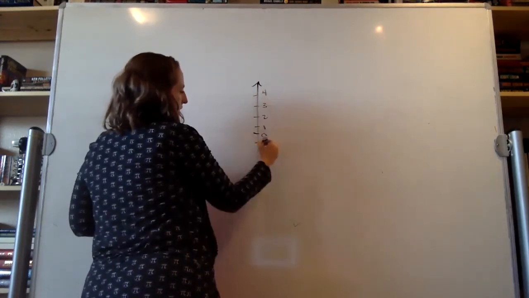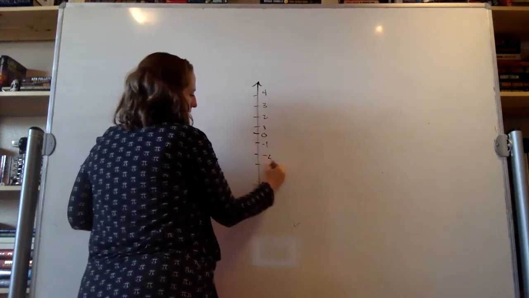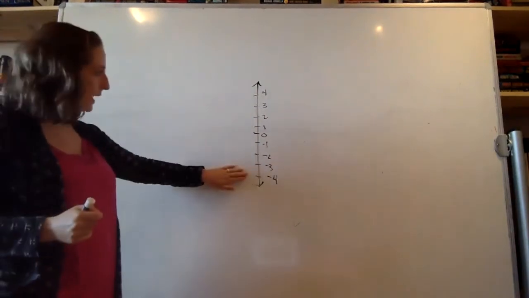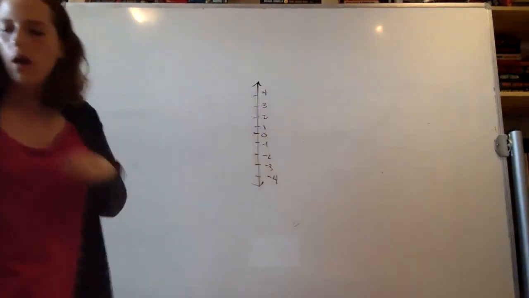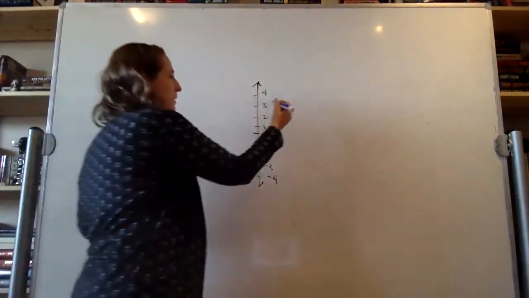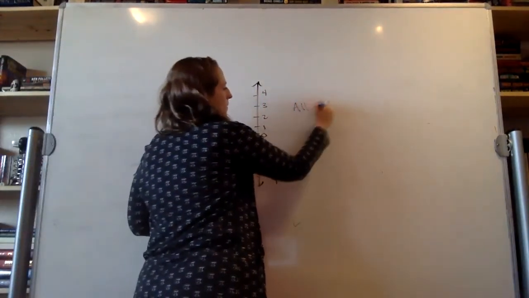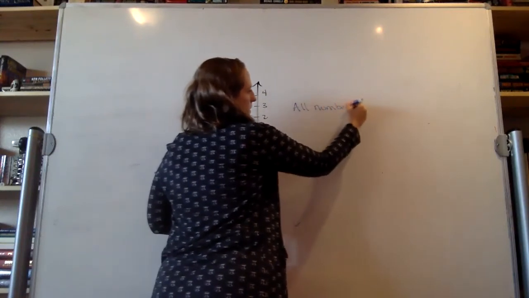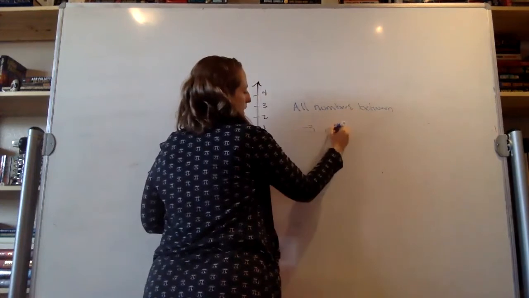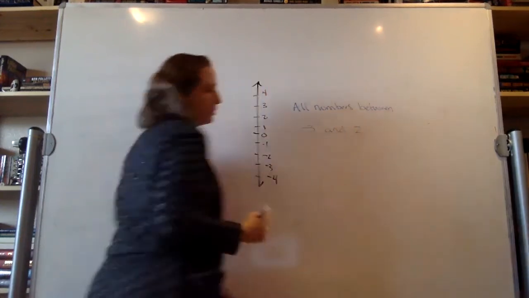Okay, so I'm going to build a vertical number line. So here's our vertical number line. In this case, it goes from -4 to 4. And let's say I want to express all of the numbers between -3 and +2.